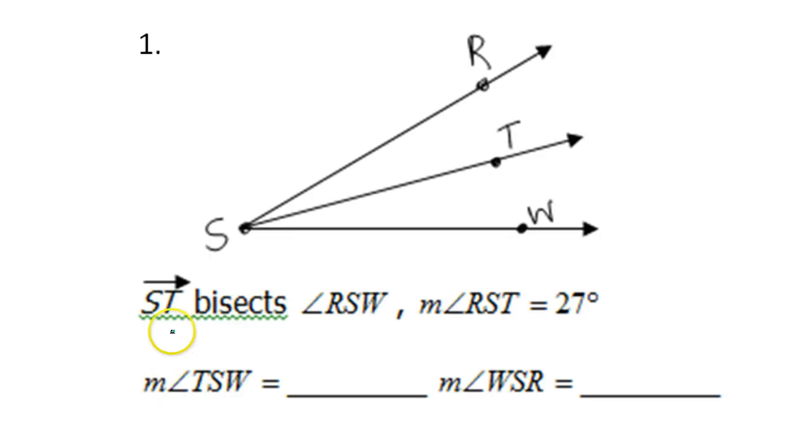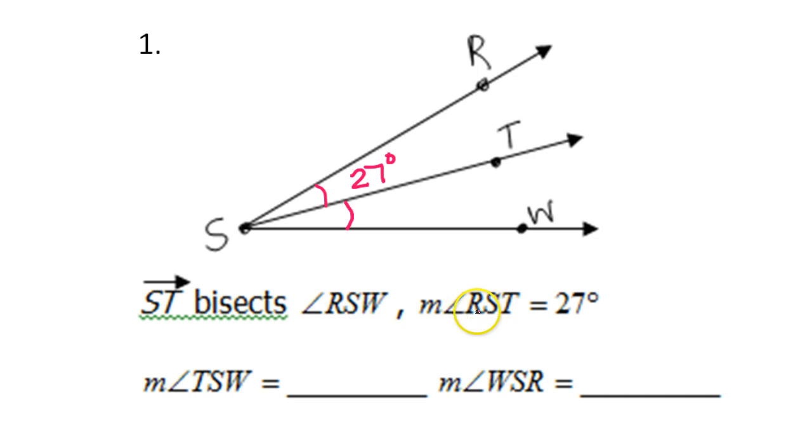Number 1. It says ray ST bisects angle RSW. Of course that means that it cuts the angle RSW into two congruent halves. The measure of angle RST is 27 degrees.